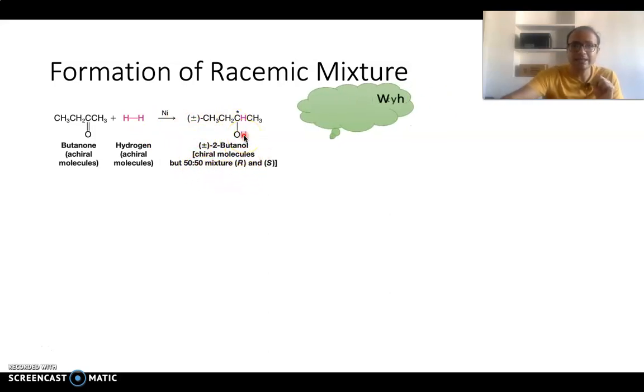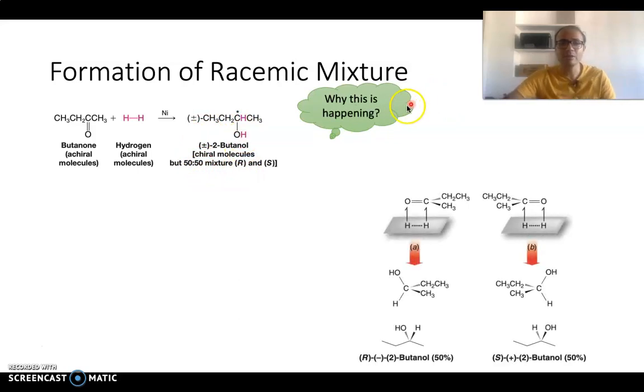Now, mechanistically, what is happening in the reaction is a heterogeneous catalysis. In this particular case, this gray region represents the nickel surface on which the hydrogen molecule is adsorbed.